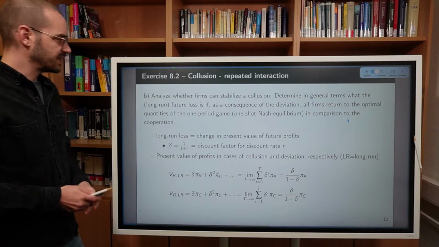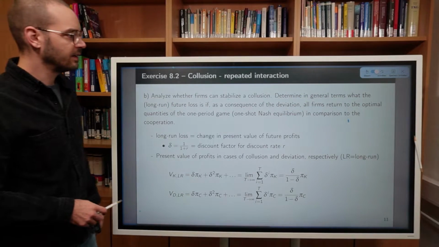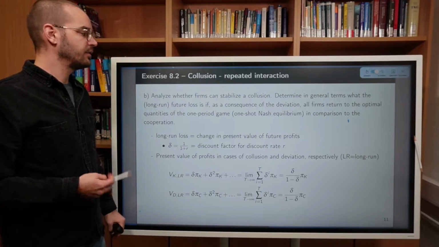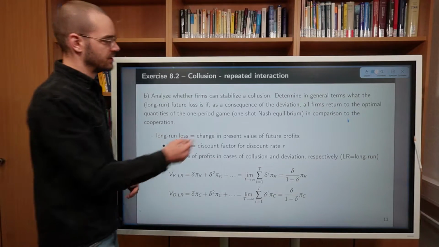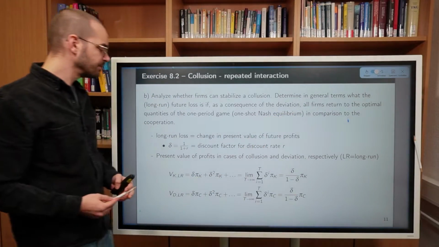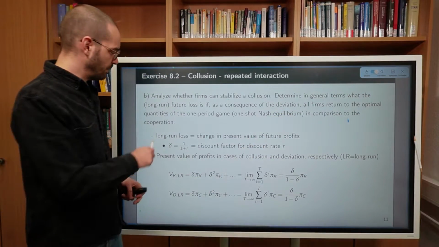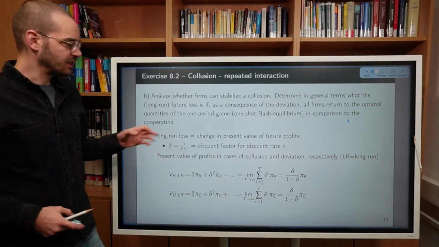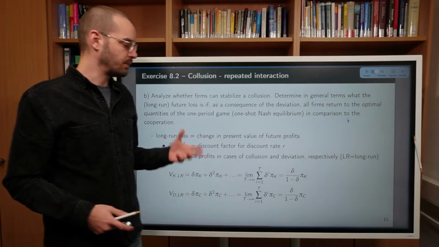So let's start by stating the long-run future loss as a consequence of the deviation. So the long run loss is the change in the present value of future profits, right?